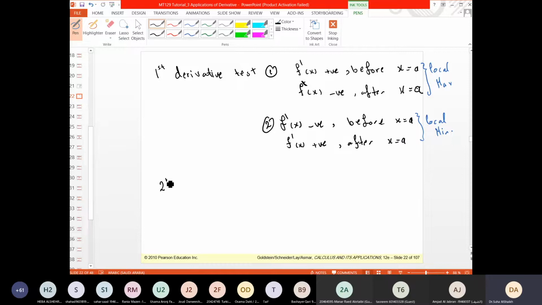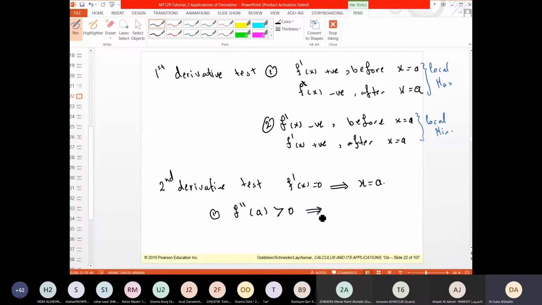Then the second derivative test. If I get f dash of x and I make it equal to 0, and from here I get a point that is x equal to a. First, if f double dash at a is positive, this means that my point is what?